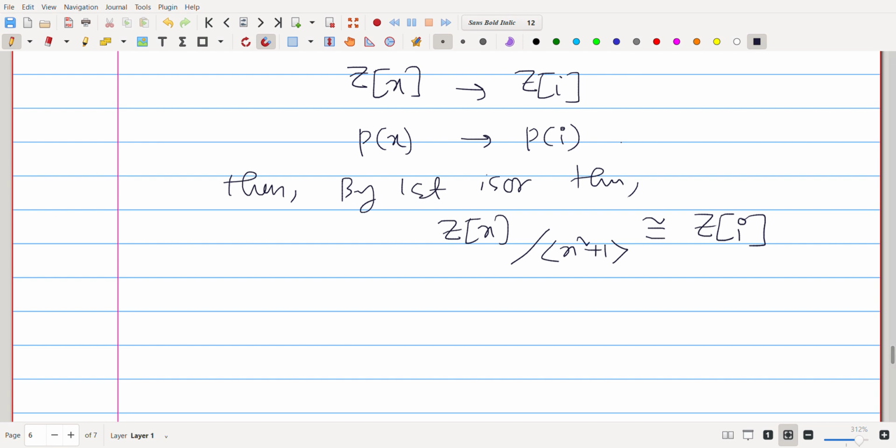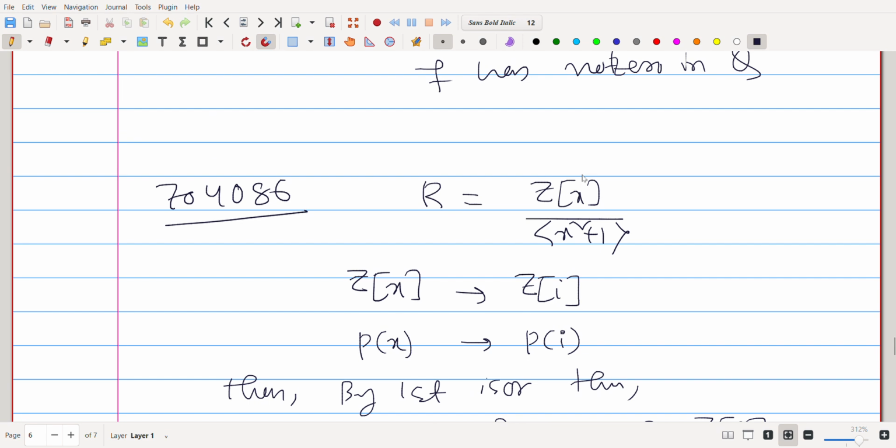So you can check that 1 doesn't belong to the ideal generated by phi(p) for any p. Hence that is also false.